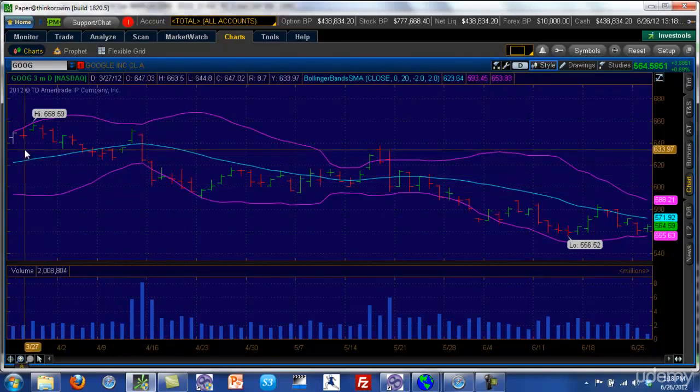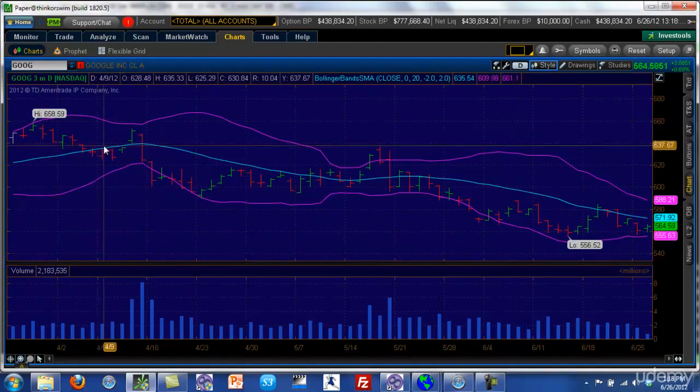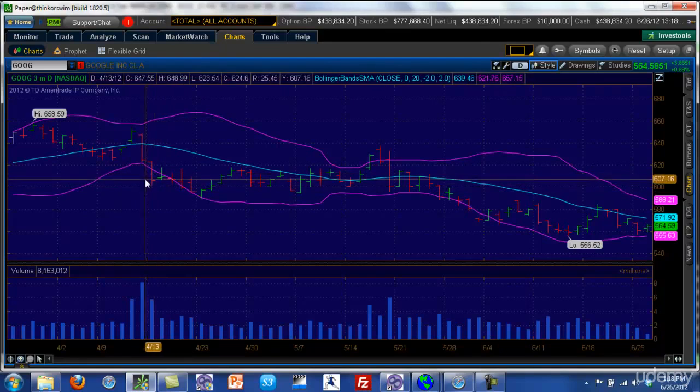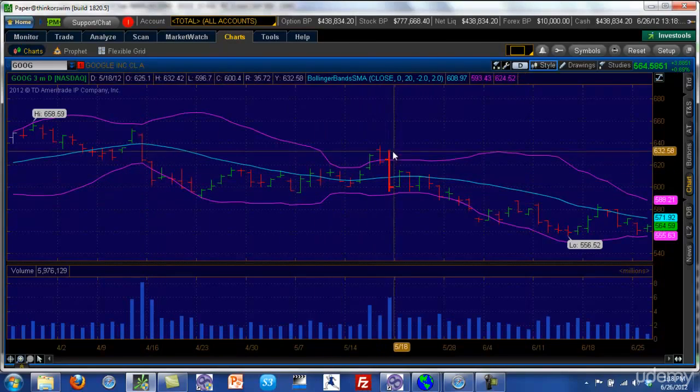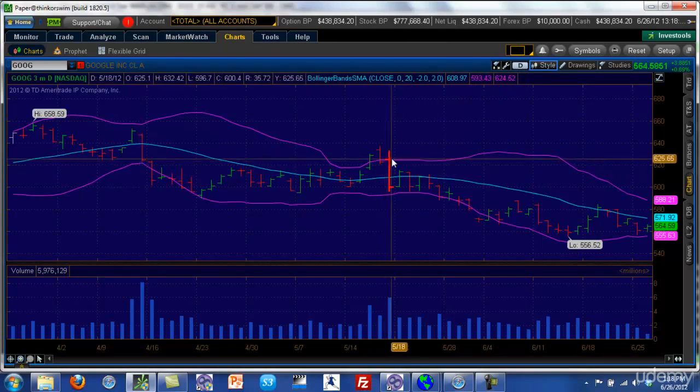So here we are looking at a 3-month chart of Google, and you can literally see the number of times that it goes outside of these 2 bands. Here we have 1, here we have 2, here it goes out but it comes back in to close, and here again it goes out but it comes back in.